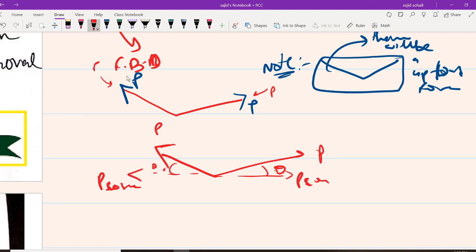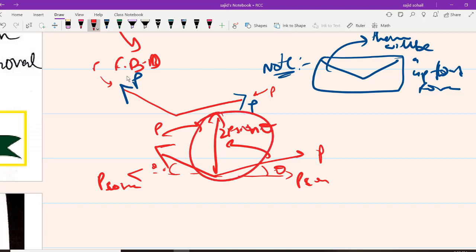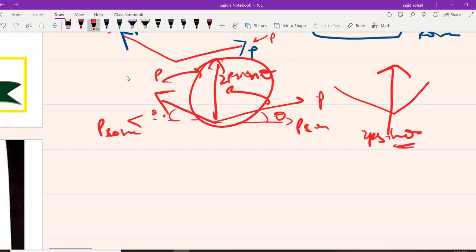P cos theta. And what will this magnitude be? Because of this force, P sin theta, and because of this force, P sin theta. That means 2P sin theta. So because of this cable profile, I am getting an upward reaction of 2P sin theta. I hope it is very clear.